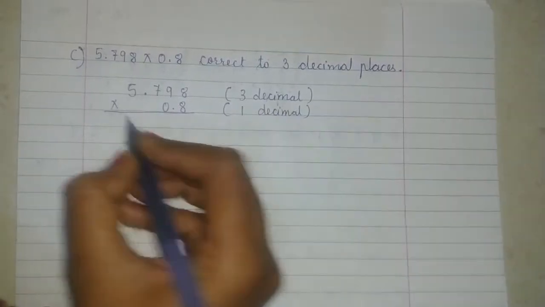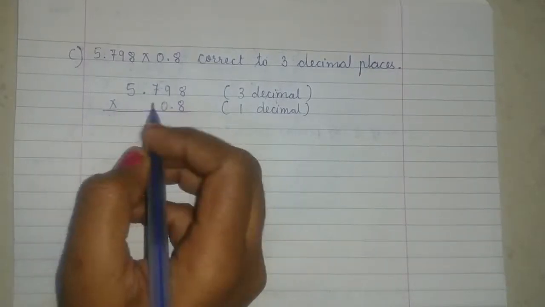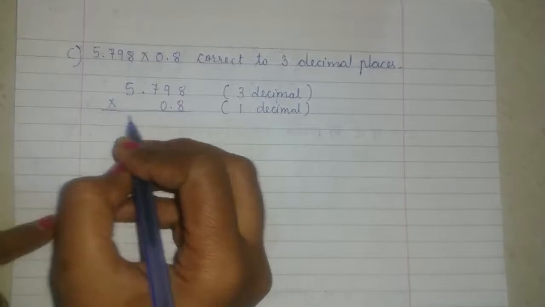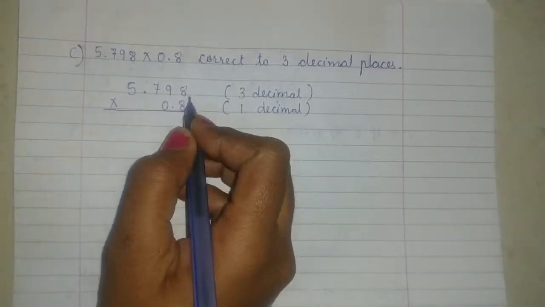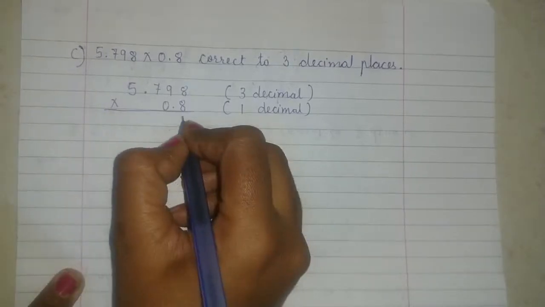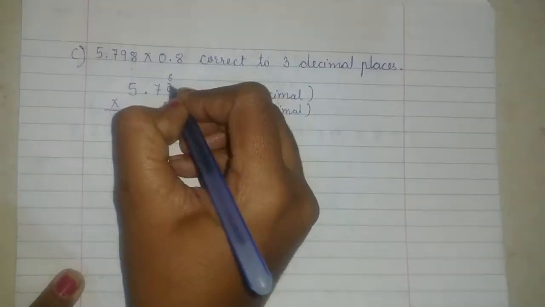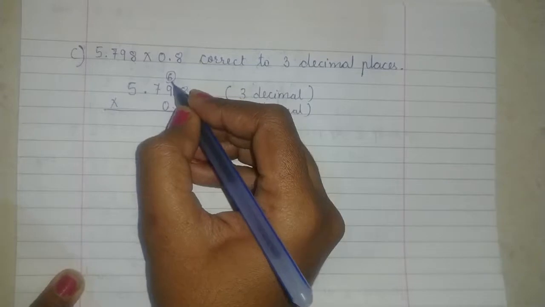Okay, now let's forget the decimal and do simple multiplication. Okay, so first we'll multiply with number 8. So 8 8s are 64, carry over 6. 8 9s are 72, 72 plus 6, 78.